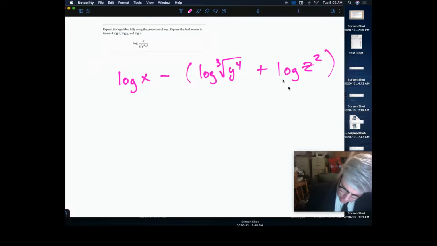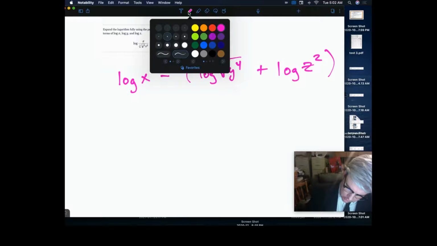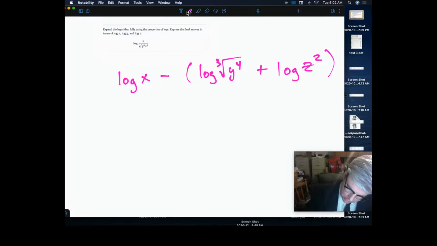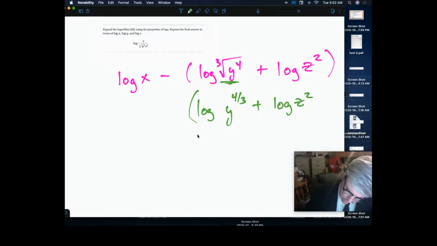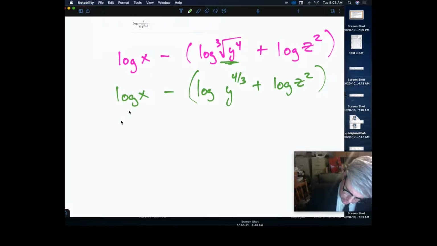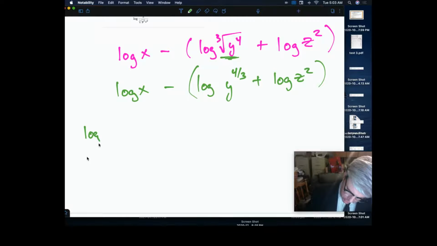Now, this right here is the same thing as y to the 4/3. So we can rewrite this as log x minus log y to the 4/3 minus log z squared.